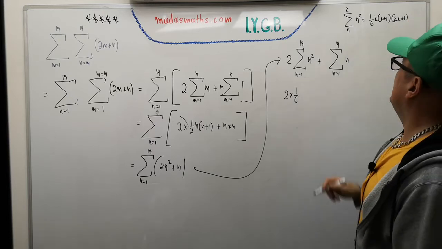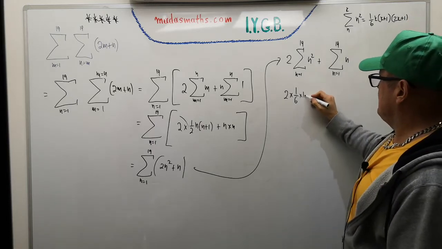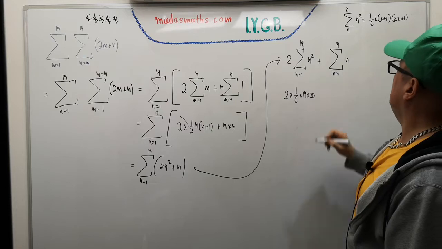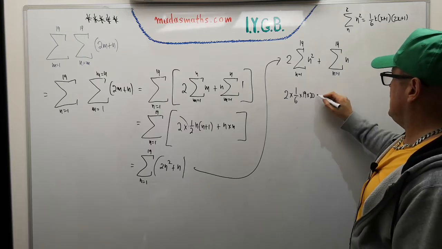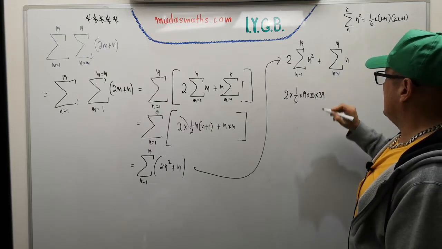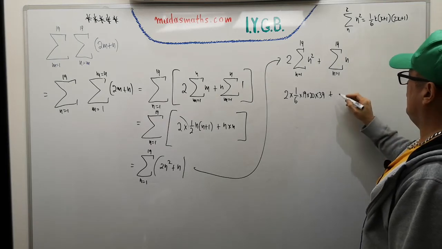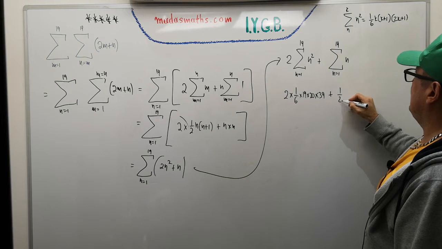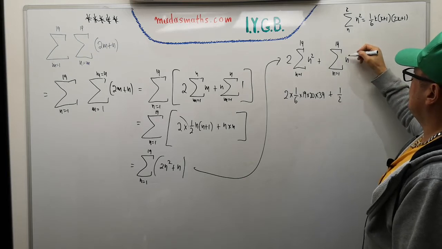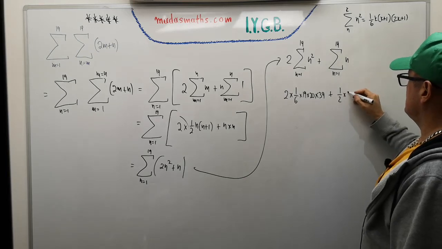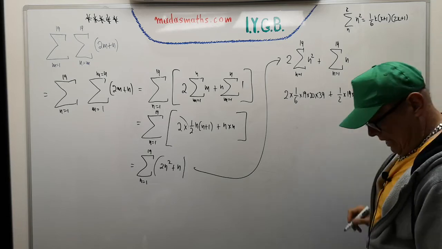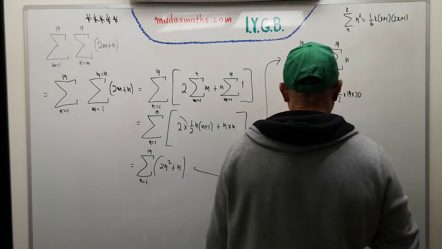So in our case this is 19, so it's going to be times 19 times 20, 2 lots of 19, 38, 39. We can use a calculator, I don't have one at the moment, sorry. Plus this is now a half k, or whatever you want to call it, 19 times 19 times 20. And oh gosh, try to simplify that without a calculator now.